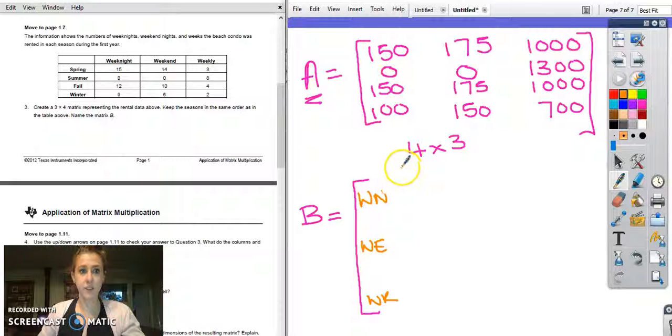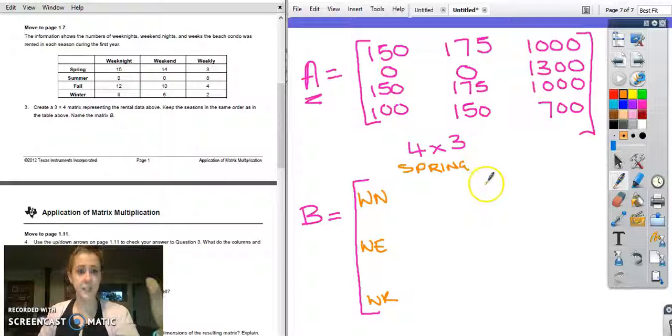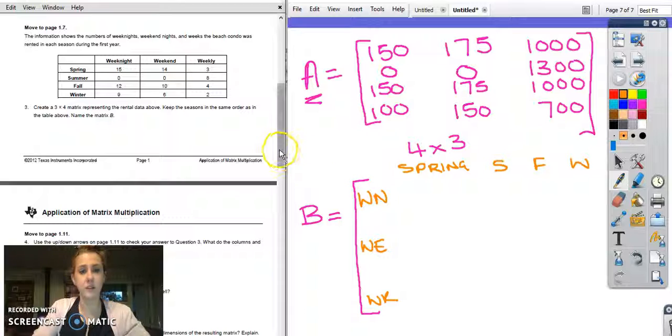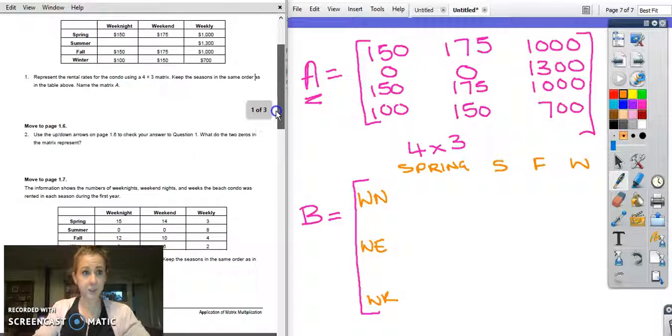Going across in column 1, I'm going to put my spring, again keeping it in that same order is what it wants us to do. I'm going to go shorthand here for summer, and it's talking fall and winter. I just want to double check that that is the same order as previously. Yeah, so spring, summer, fall and winter.